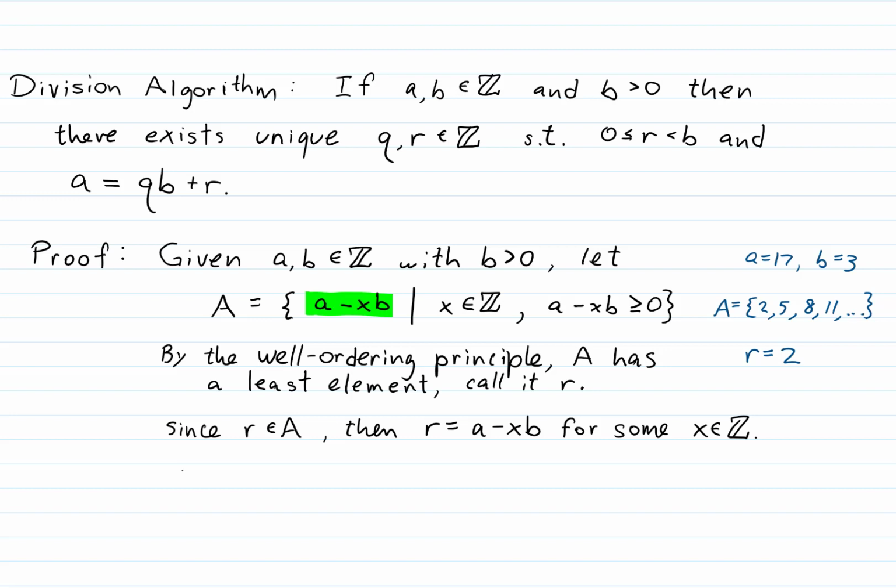And we're going to call that value q. Call this integer q. Okay? So that means that r equals a minus qb.